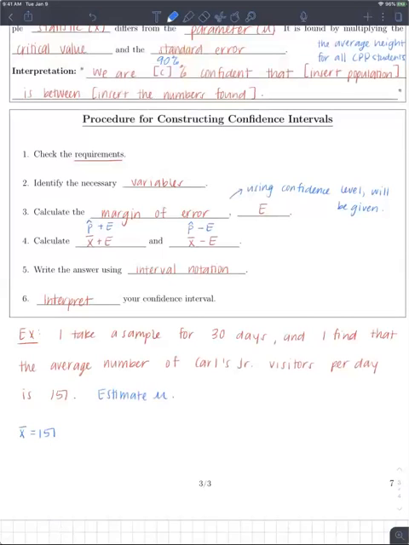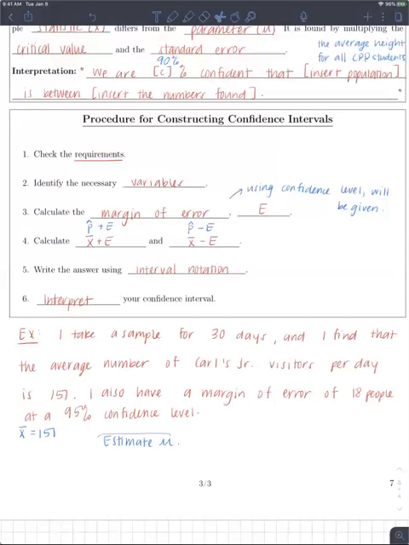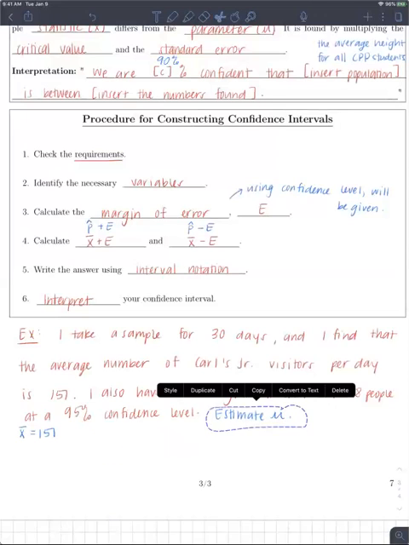I also have a margin of error of, let's say, 18 people at a 95% confidence level. And then my goal is to estimate mu.